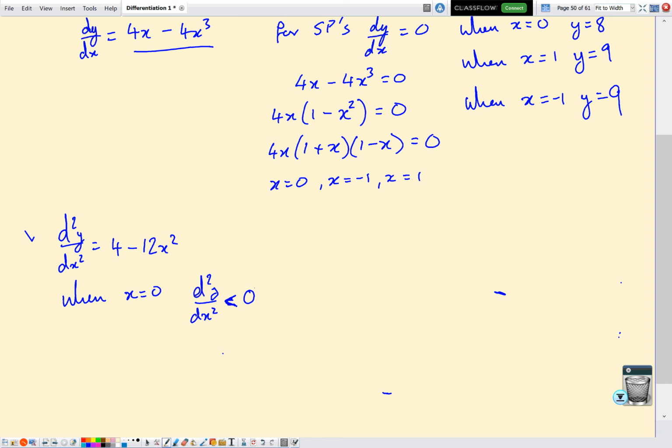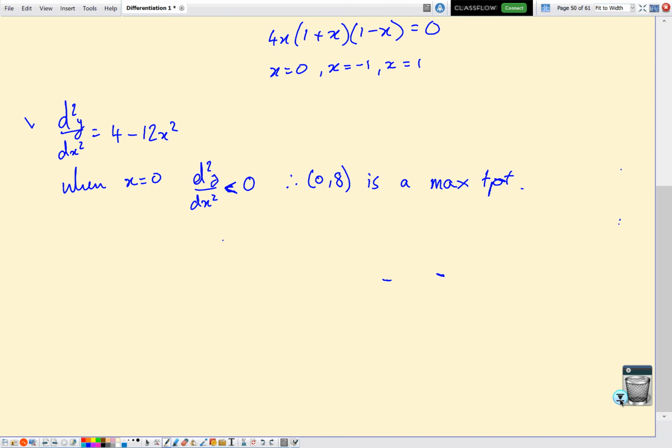Now, if the second derivative is less than 0, we can say therefore 0,8 is a maximum turning point. Okay, and so on and so on that goes, right?